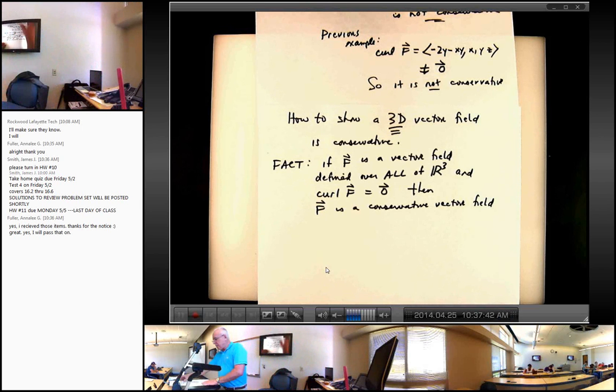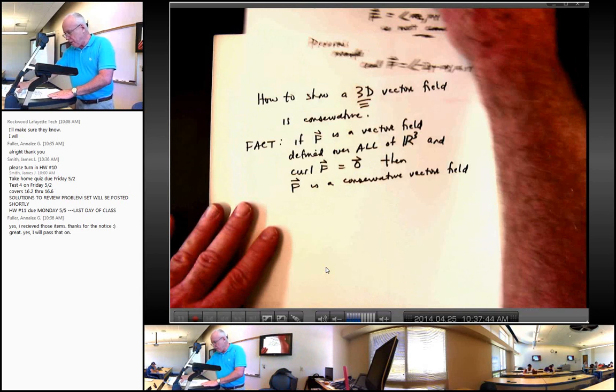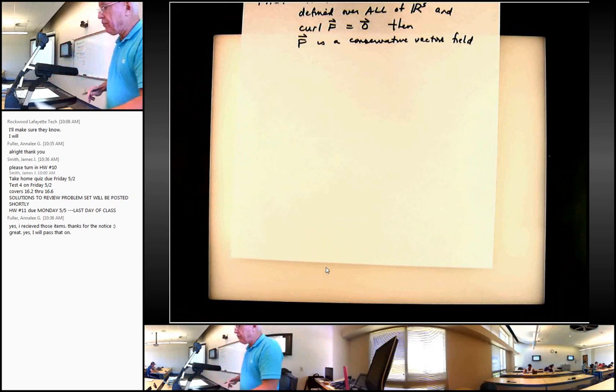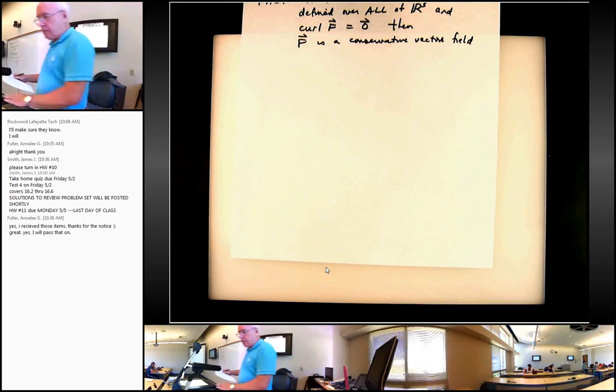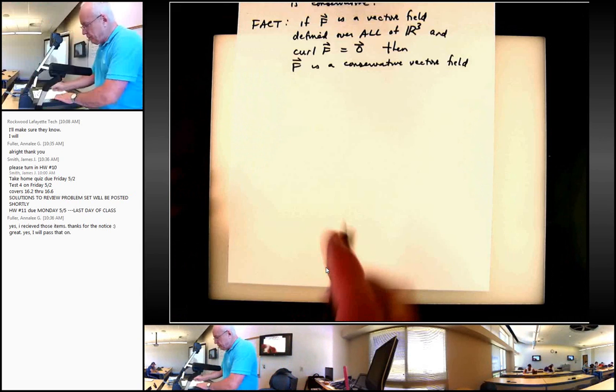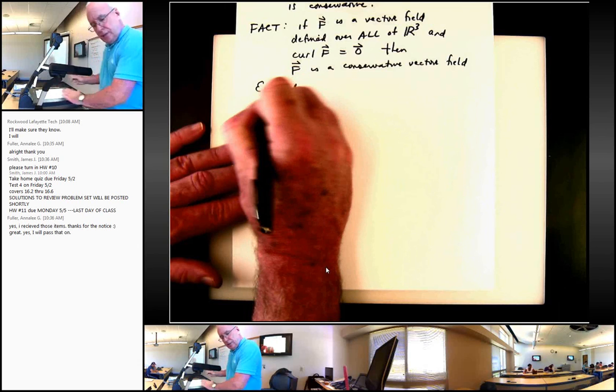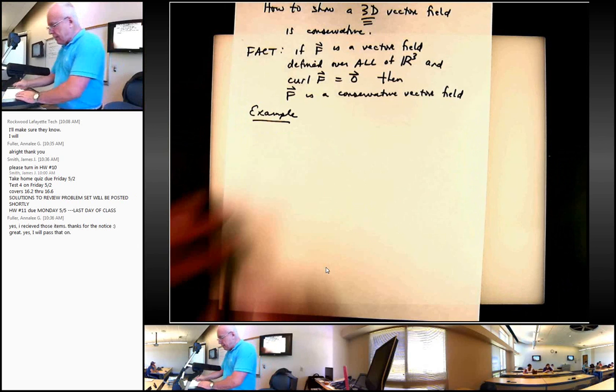Okay, before we take a break here, I want to do one example with this fact that if the curl is 0, then we have a conservative vector field. It's got 3 parts to it, so there's 3 things we're going to ask. The first thing is this.